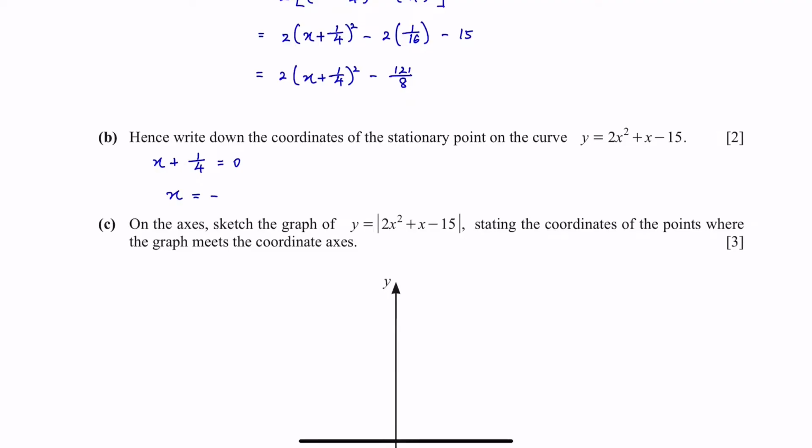So x would be negative 1 over 4. And for y, we just take this part. So we have negative 121 over 8. So the stationary point would just be negative 1 over 4 and negative 121 over 8.